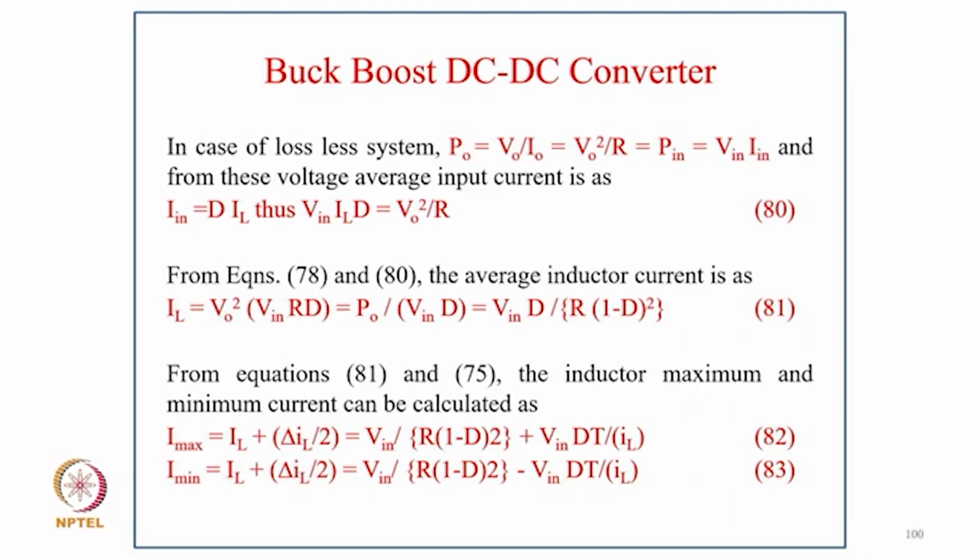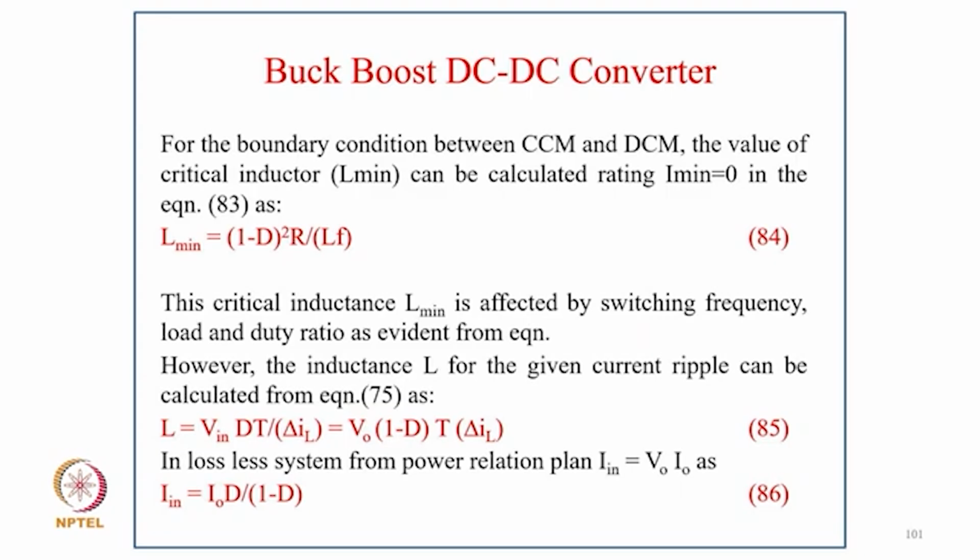So from these equations, the inductor maximum and minimum current can be defined as Imax equal to IL plus delta IL/2, so Imax equal to VinD/R(1 minus D) squared plus VinDT/2L, or Imin equal to IL minus delta IL/2, that is VinD/R(1 minus D) squared minus VinDT/2L. For the boundary condition between CCM and DCM, the value of the critical inductance can be calculated.